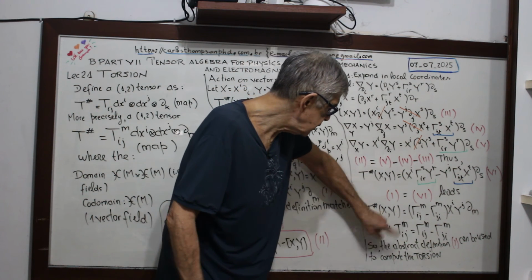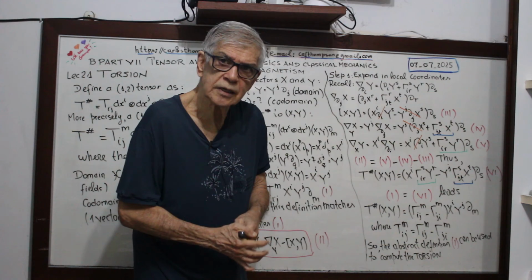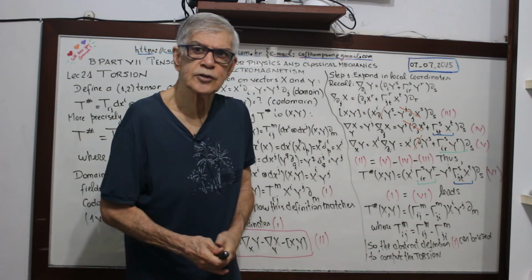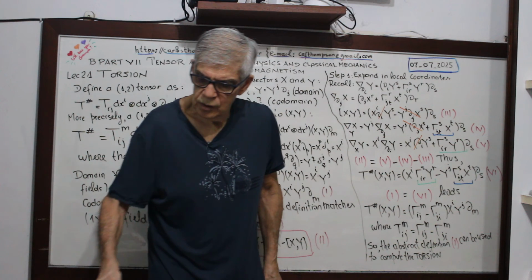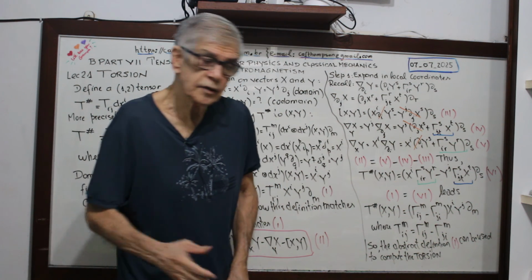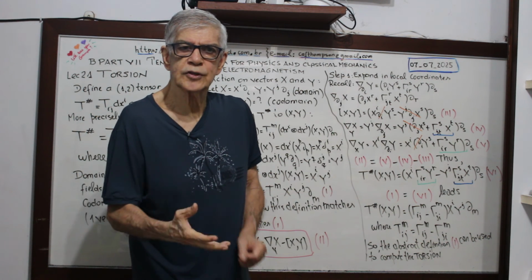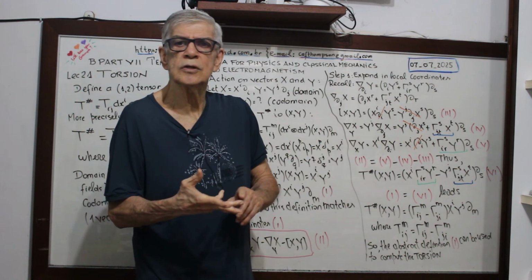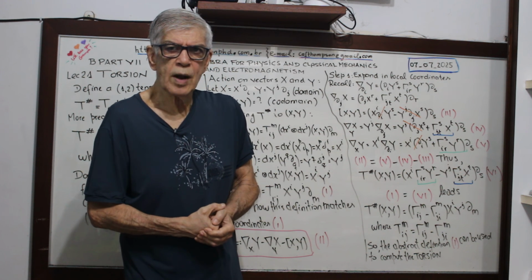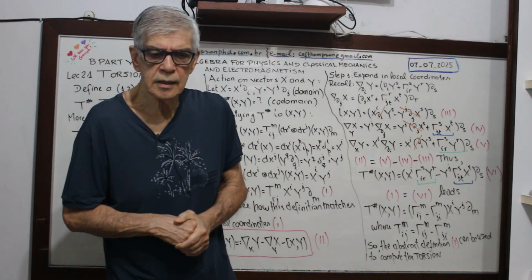Torsion-free, this is 0, leads to the symmetric Christoffel symbols, which we use in the literature when we develop other types of curvature. When I say types of curvature, we say Riemann curvature, Ricci curvature, scalar curvature, which is quite useful in relativity theory. Okay, that's it.